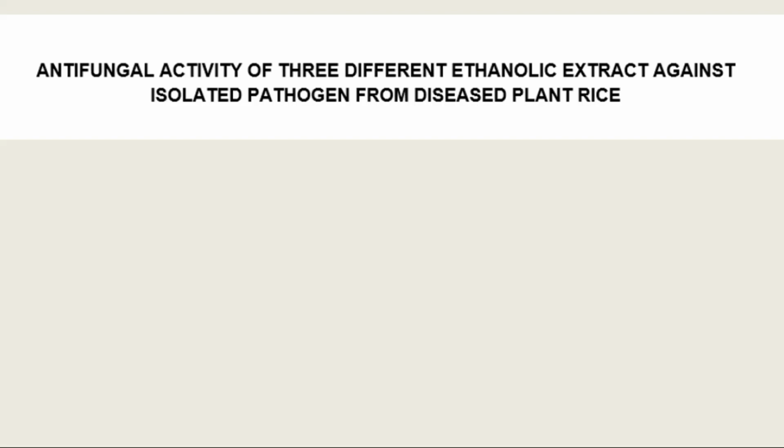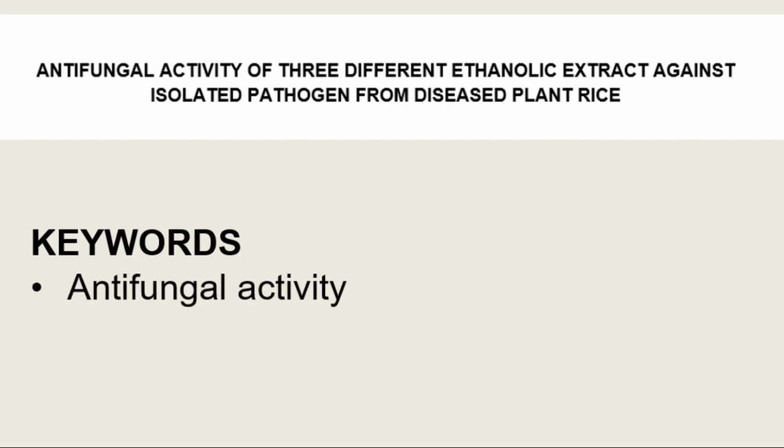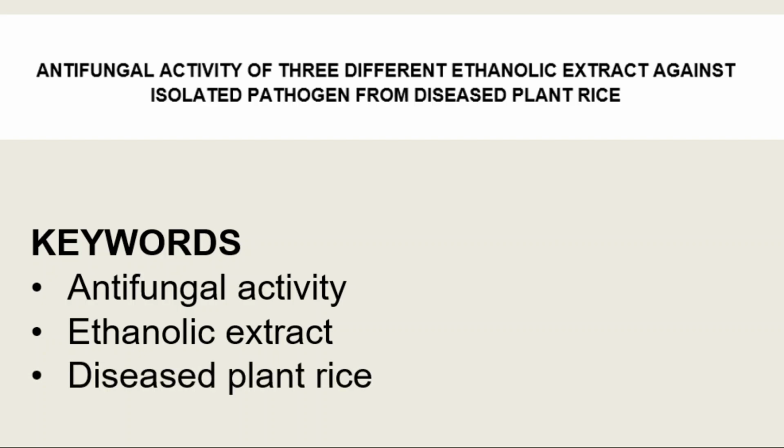Now, what you are going to do is to identify your keywords so that you can filter your search. So what are the keywords in this sample problem? Okay. So we have antifungal activity. We also have ethanolic extract and we have disease plant rice.